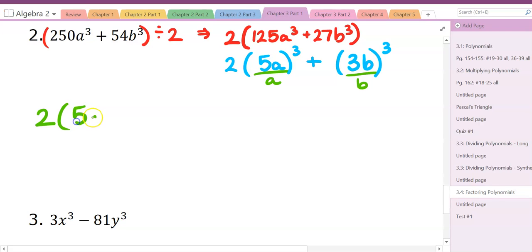Good. 5a plus 3b. Okay, then we have to do a squared. So a is 5a. So what would be the 5 and the a squared?